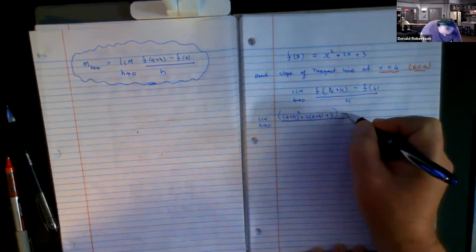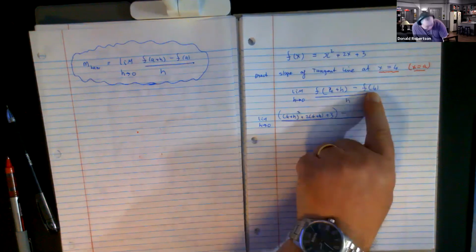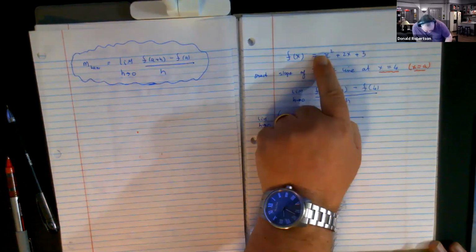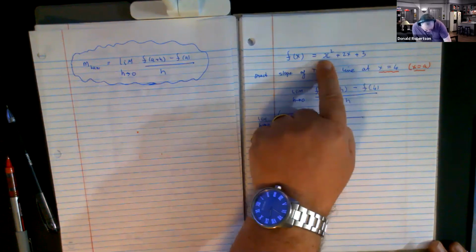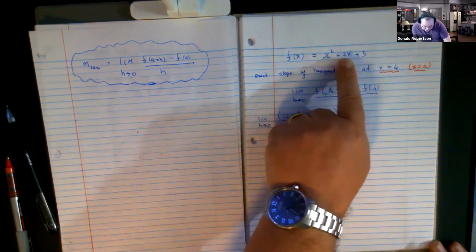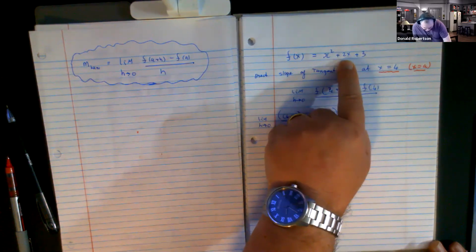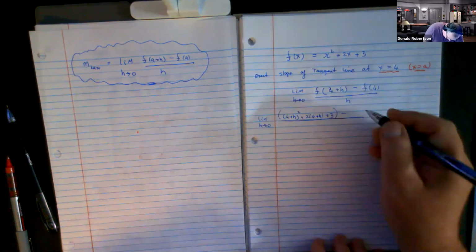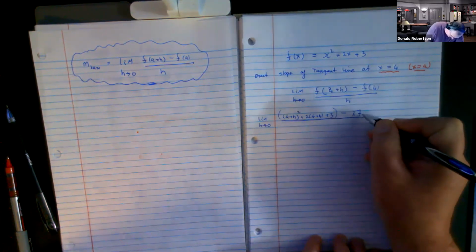Take away. Isn't f of 4 just a number? So what's that going to be? It's going to be 4 squared, which is 16. 16 add 8 is 24. Add 3 is 27.